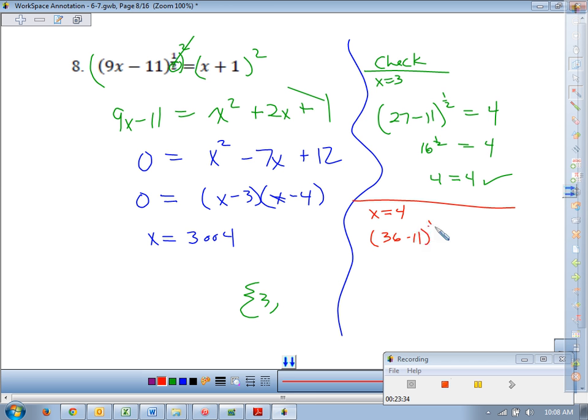Now I'm going to go again and check x equals 4. Putting all my cool stuff in. And if it checks, then put our other solution in the solution set.